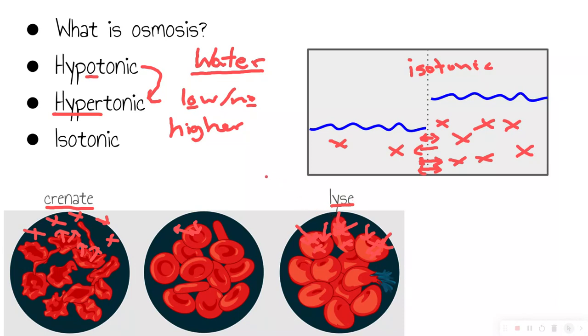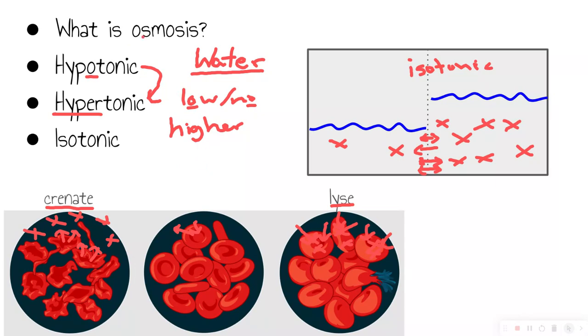Another way to think about osmosis is we could say that solutes suck, or water goes where the stuff is. So we have the movement from a lower concentration to a higher concentration. If we have a higher concentration of solutes, well, the solutes suck, so they're going to suck that water in that direction.